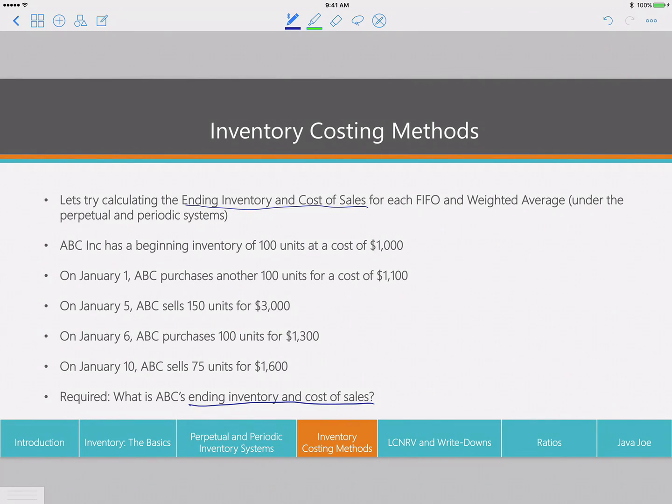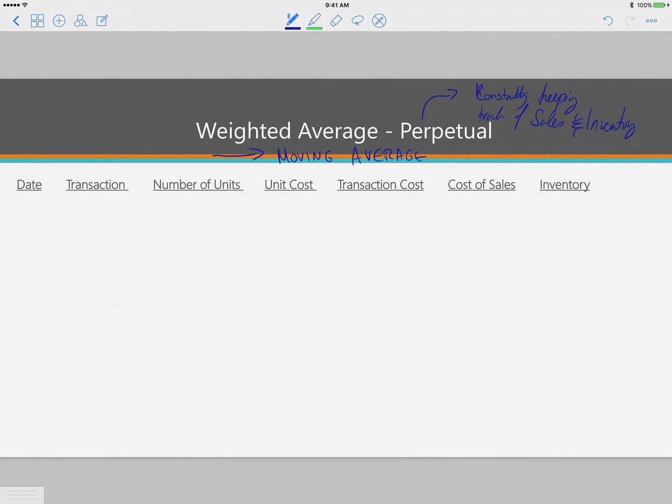So ABC Inc. has a beginning inventory of 100 units at a cost of $1,000. So January 1st is going to be their beginning inventory, so the type of transaction will be beginning inventory. They have 100 units at a total cost of $1,000. Now this table here, I really recommend you use this table when you do inventory problems.